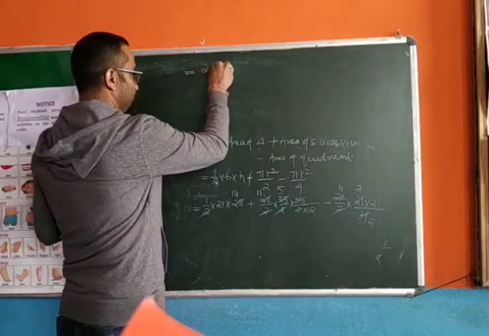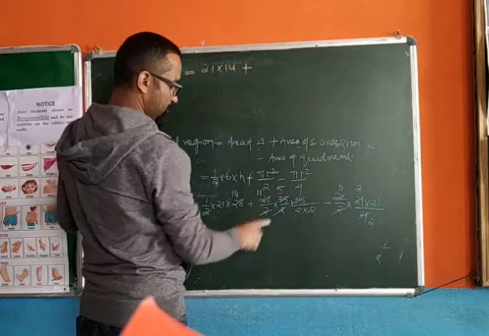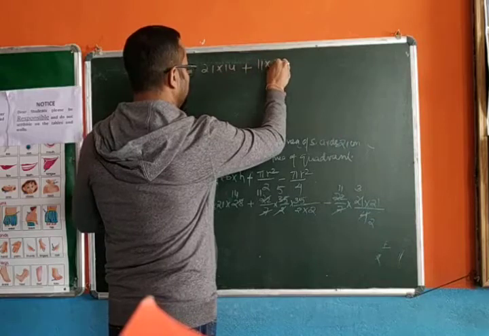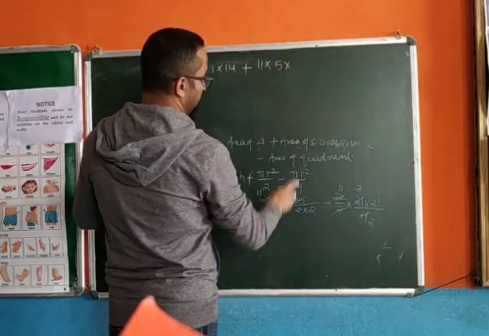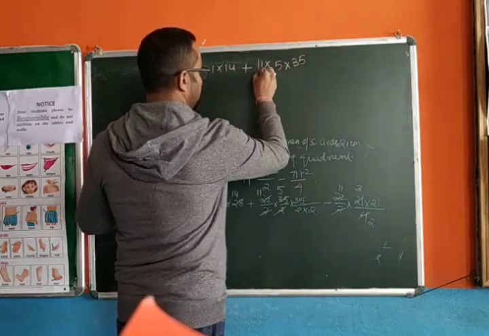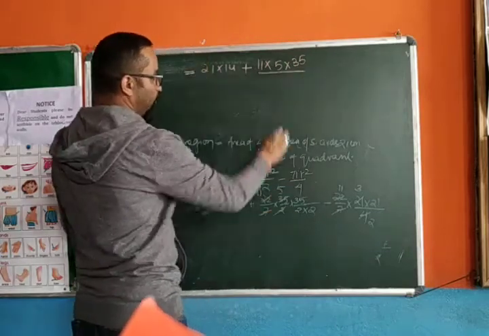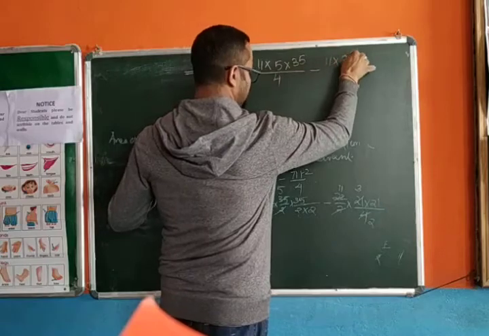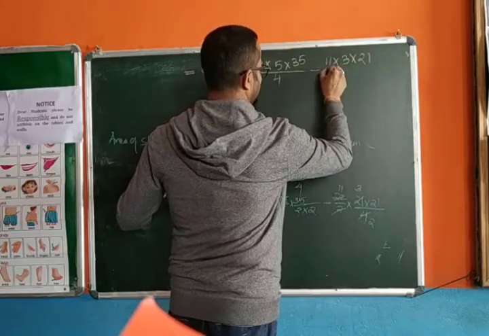21 into 14 plus 11 into 5 into 35 divided by 4, minus 11 into 3 into 21 divided by 2.